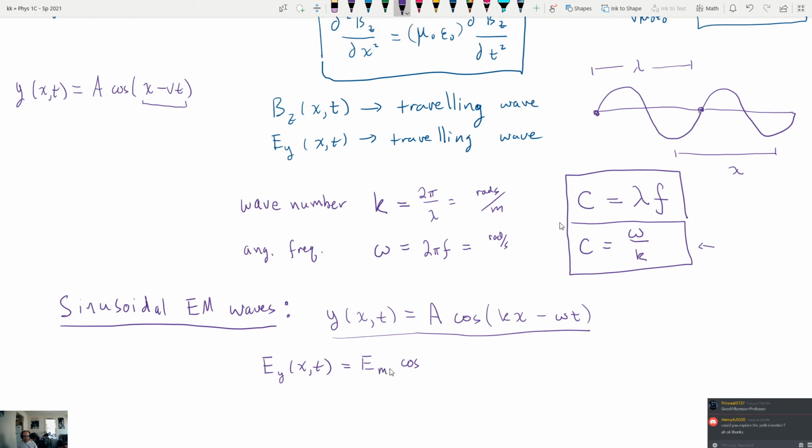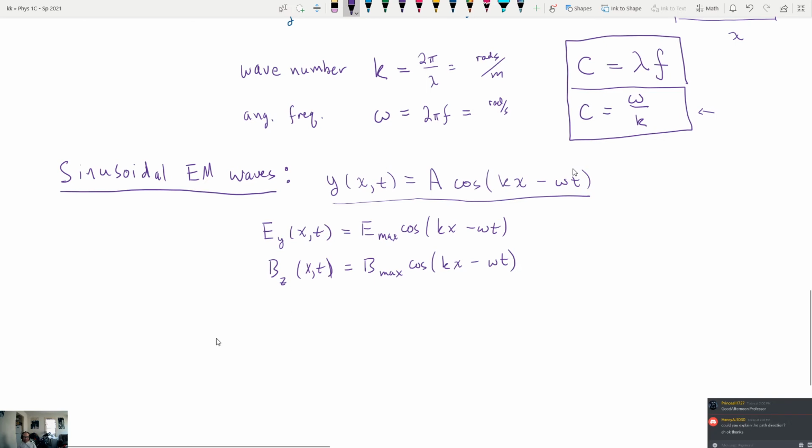So we'll have E max cosine of kx minus omega t. And for Bz, Bz of x and t is going to be B max multiplied by also the cosine of kx minus omega t.